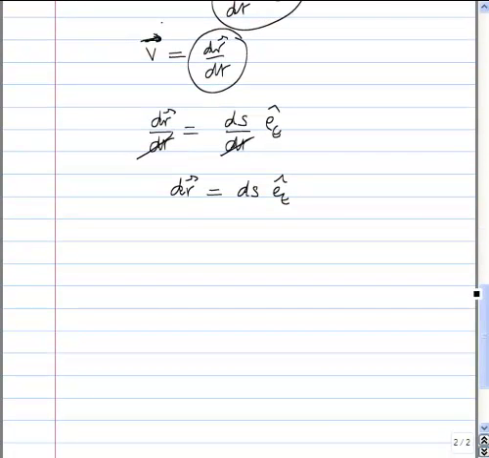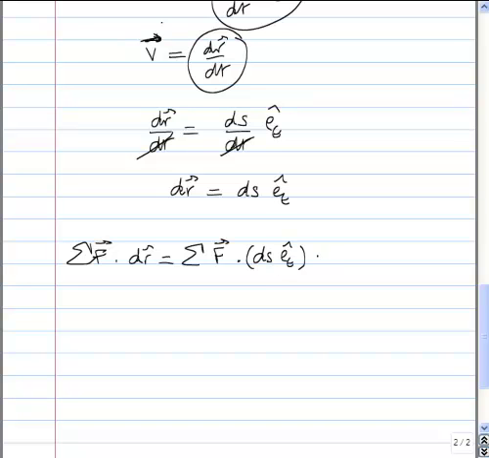So we can write sum of the forces dot dr is sum of the forces dot ds et, and this is equal to 1/2 m d v squared.